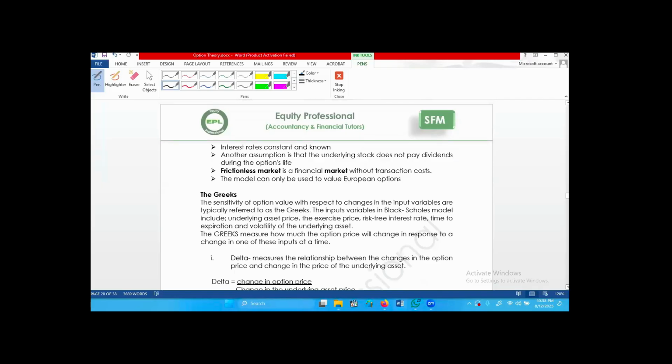The Greeks measure the sensitivity of option value or option price to changes in the input variables.